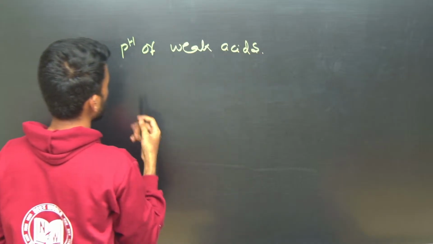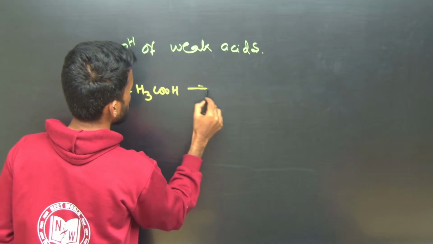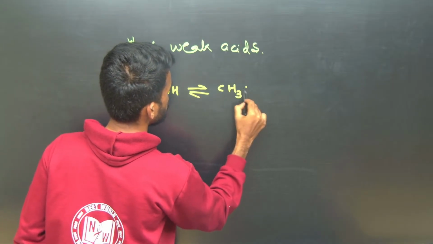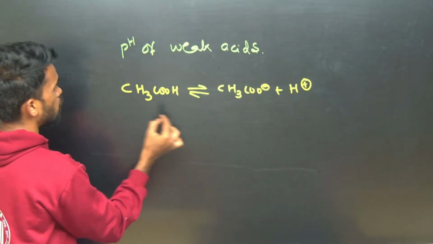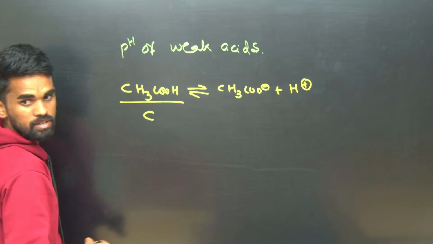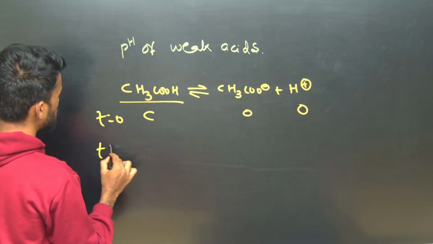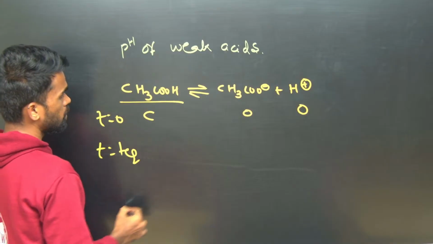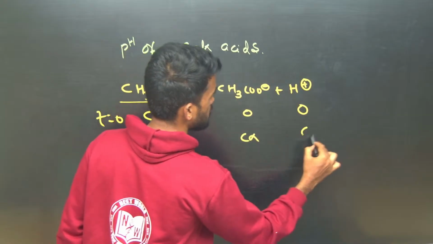In the case of a weak acid, for example HA, this dissociates to give A minus plus H plus. Initially, the concentration of the weak acid is C at time T0, and the products are 0, 0. After some time T at equilibrium, this will be C minus C alpha, and C alpha, and C alpha.